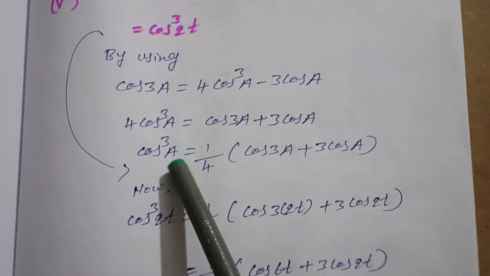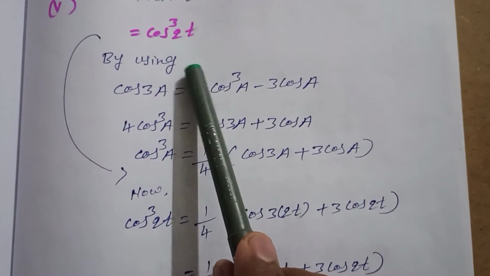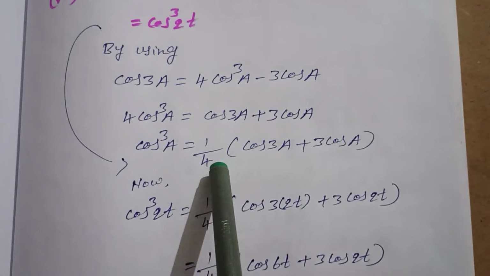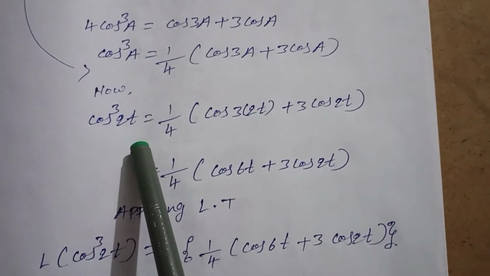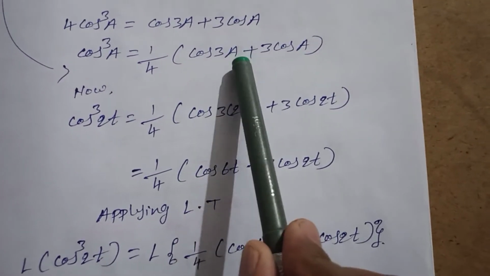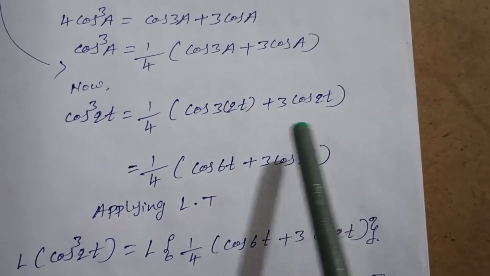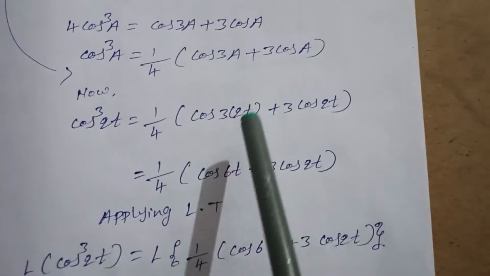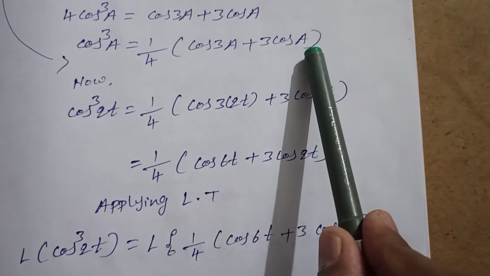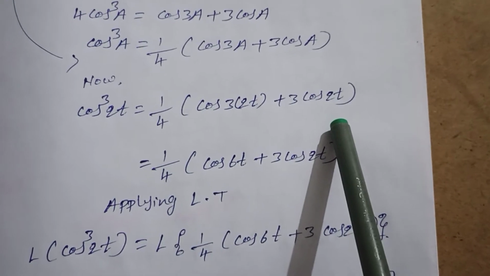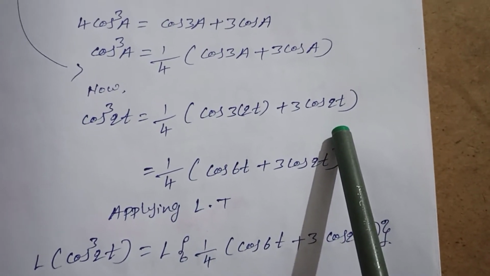In place of a here we have 2t, that's all. Wherever a is there, we are going to substitute 2t. So 3 into 2t, 6t, and 2t.